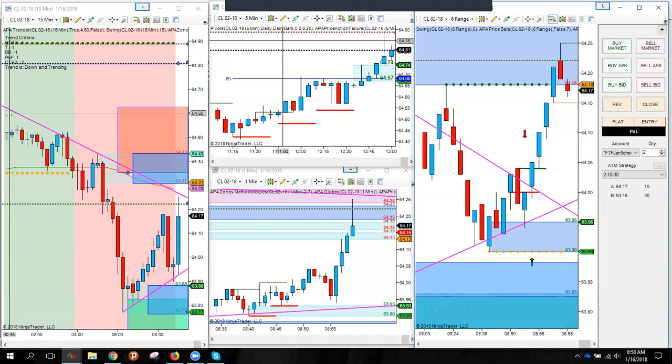Okay, so market's about to open in about 2 minutes. And it looks like price is starting to retreat a little bit.